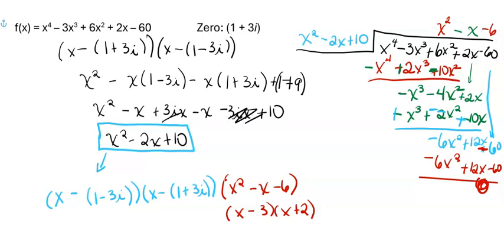And it said it needed to find all of the zeros. So zeros happen when x is equal to 1 minus 3i, 1 plus 3i, positive 3, and negative 2.